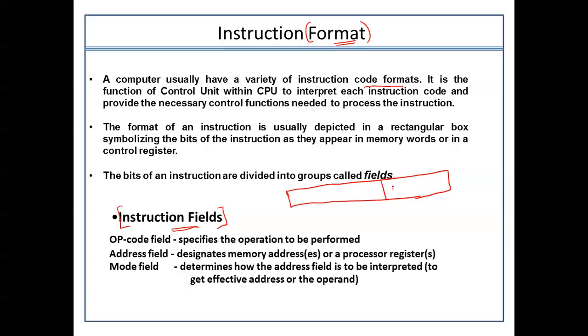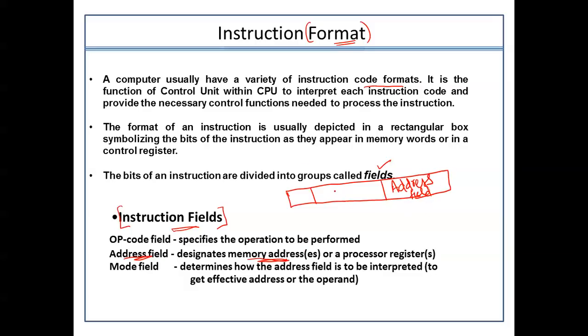The very first part depicts the address of the instruction. As I have defined here, there is an address field. We usually call these portions fields. The key term is this. There is one field we call the address field, which is basically used to designate the memory address. We know it very well.